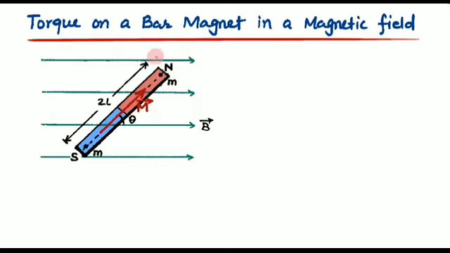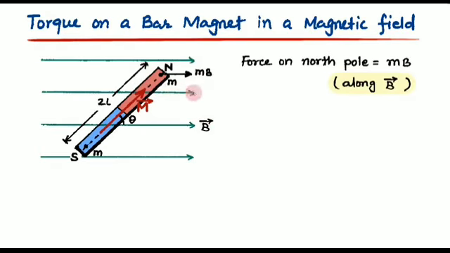These two forces constitute a couple which will rotate the magnet and try to align it in the direction of the magnetic field B. The force on the north pole is mB along vector B.